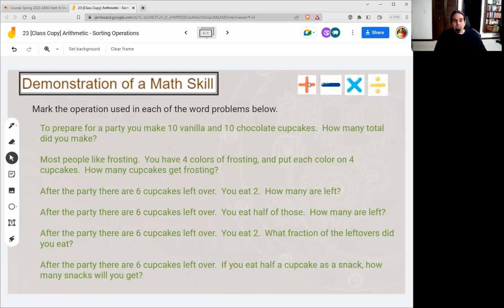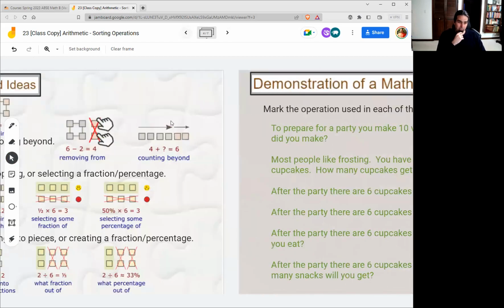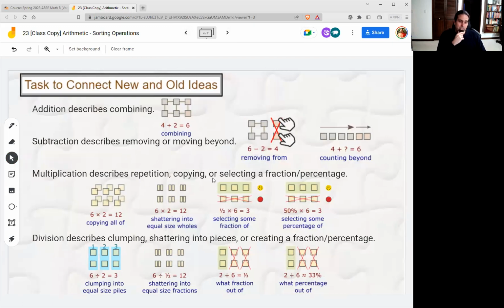And up top, we have things you can slide around with the arithmetic operations. So this is just a matching project. Make copies of the plus, minus, times, and divide as you need. And for each word problem, figure out which arithmetic operation is happening. And if it's not obvious, go back to the previous page and see which picture is happening.